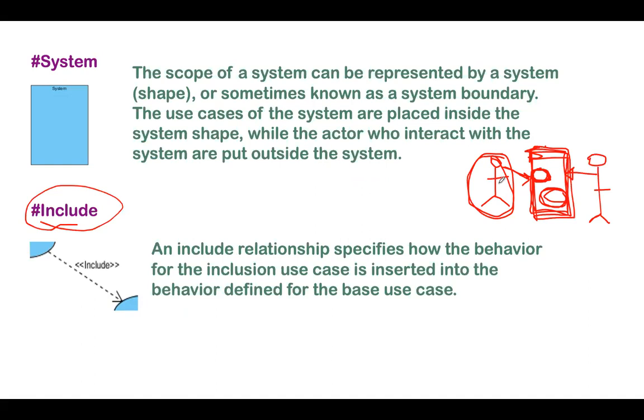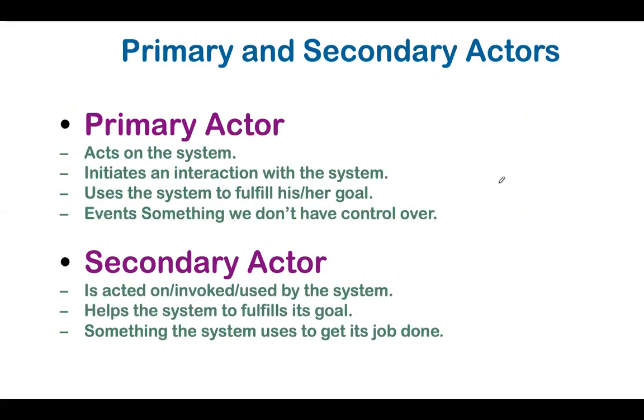You get. But actors need to be thought of as types, or you can call them categories. So now we have the primary actors and the secondary actors. Now the primary actors initiate the use of the system, like they interact directly with the system.